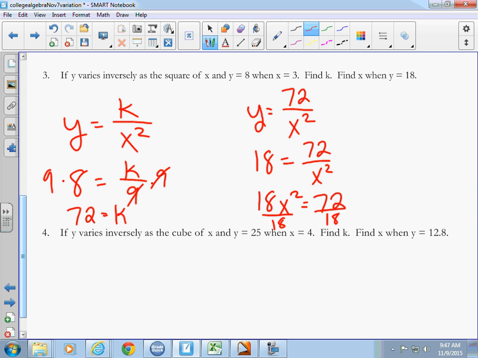You see why it would be this way. So I get x squared equals 4. And so what's x? 2 and -2. Anytime you take a square root, you get the plus or the minus. Any questions about that one?